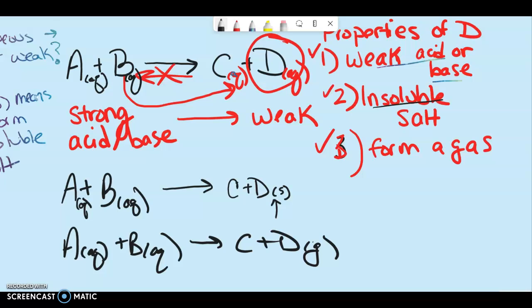All right, now the last category is if we form water. Reactions that form water are very unreactive. So if you form water, you make this nice stable solution that's not going to continue on reacting.